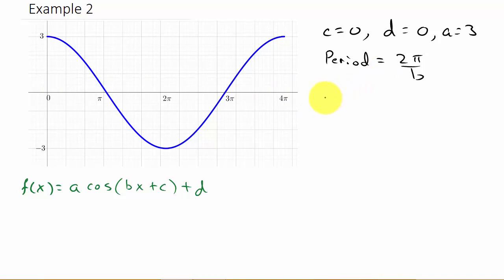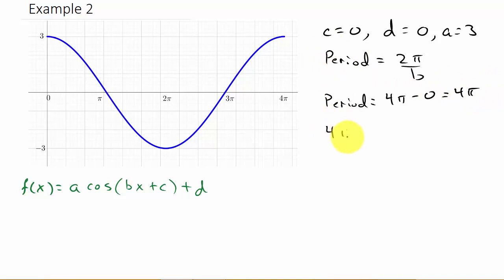But if it didn't start at 0, you would have to figure it out. The way that you would do that is you would just subtract the largest minus the smallest. So that's the length of the period. So that tells us the period is 4 pi.